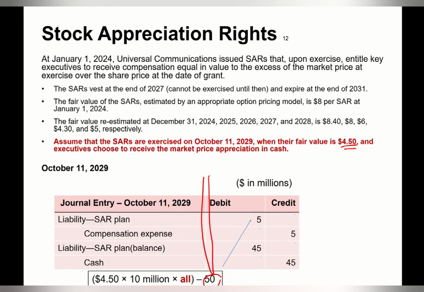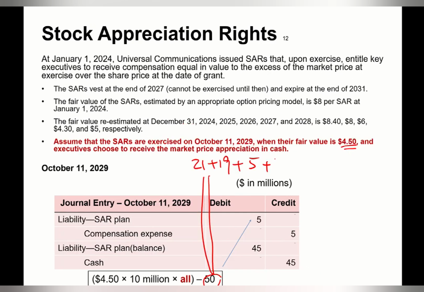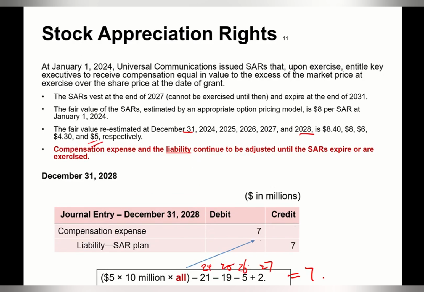21 in 24, 19, 5, 2 minus 2. This should be minus 2 and plus 7, right? Plus 7.